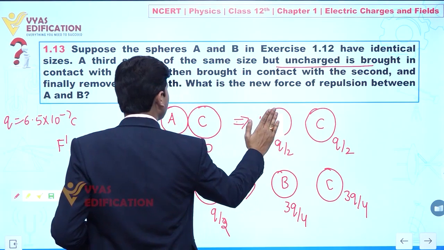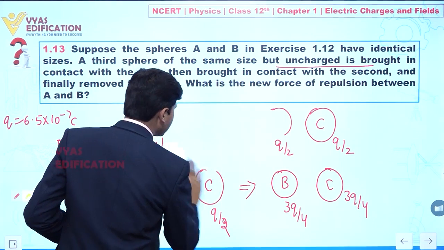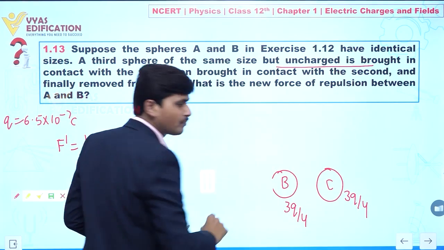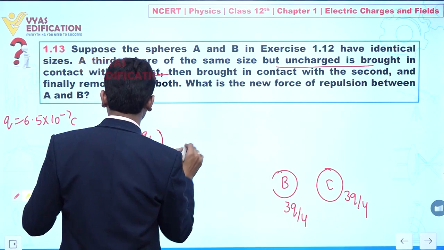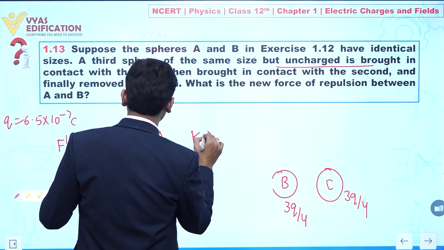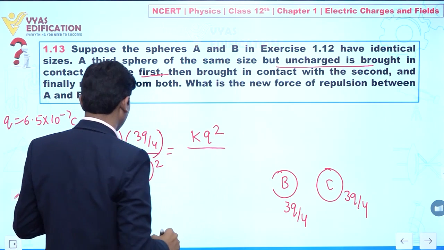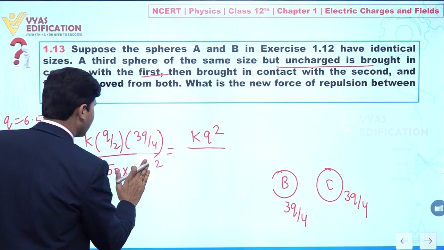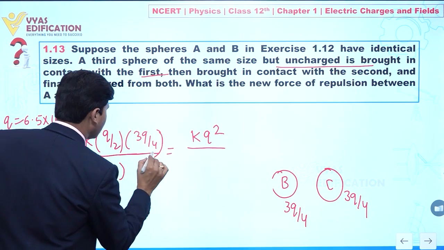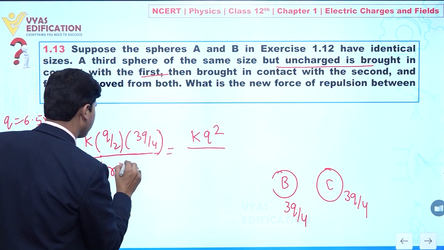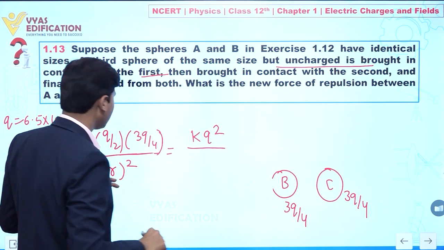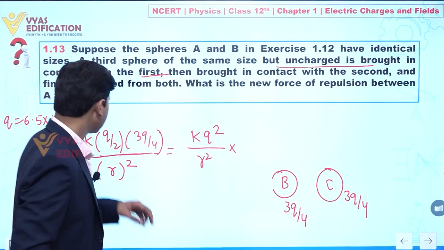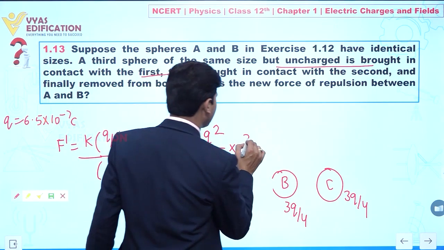So now from here you can see the situation is the same as the previous question, but the charge distribution is different, clear. So we can write KQ square divided by R square, in terms of variables, and multiplied with 3 by 8.